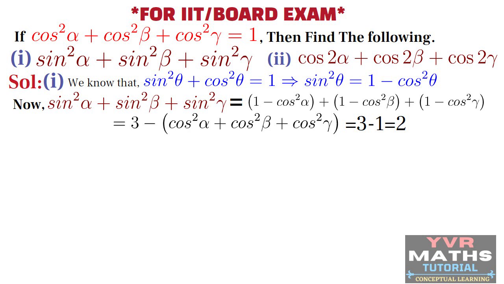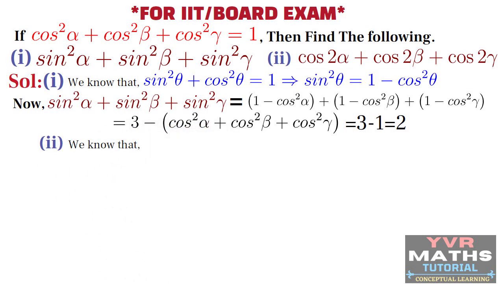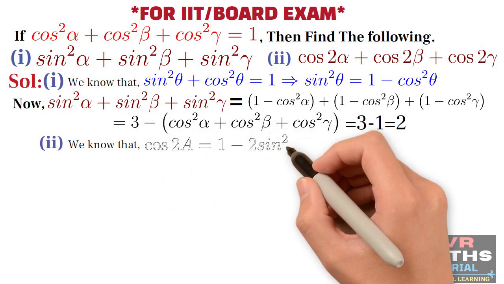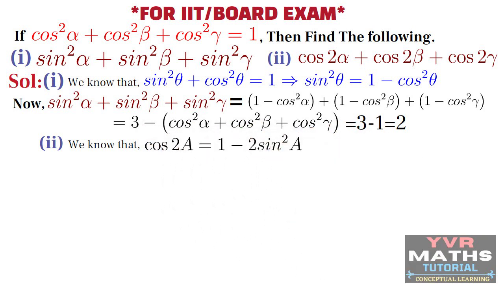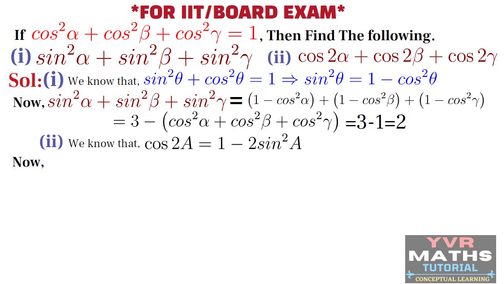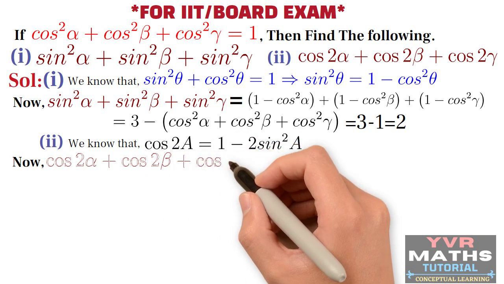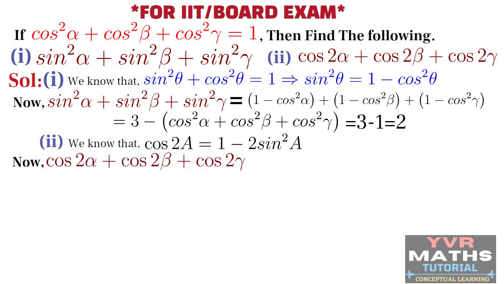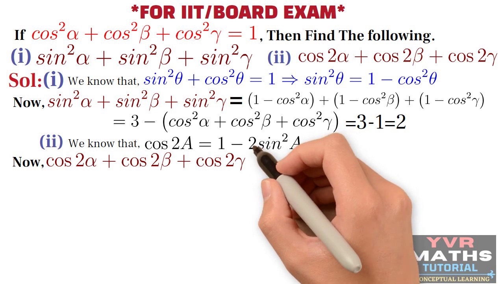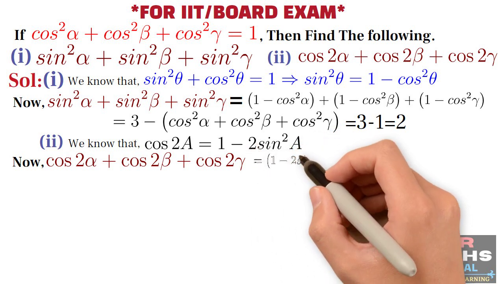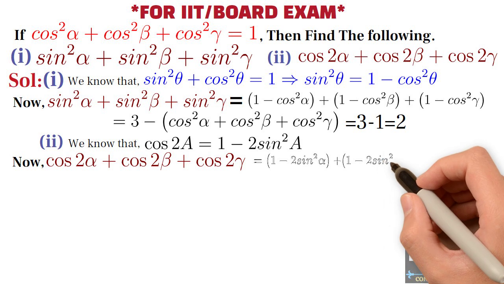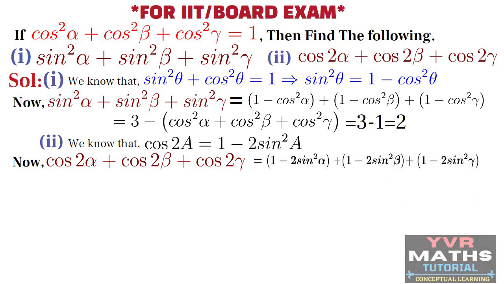Now we will discuss the second bit. As per our trigonometry basic knowledge, cos 2A is nothing but 1 − 2 sin²A. Now cos 2α + cos 2β + cos 2γ is equal to, based on the above formula, 1 − 2 sin²α + 1 − 2 sin²β + 1 − 2 sin²γ. Here 1 plus 1 plus 1 is 3.